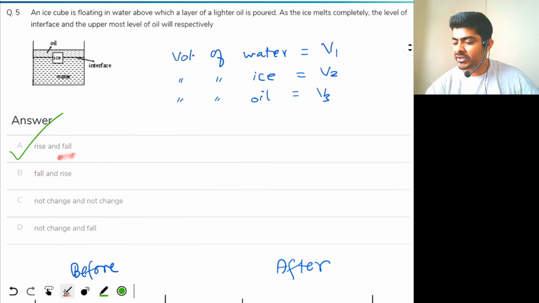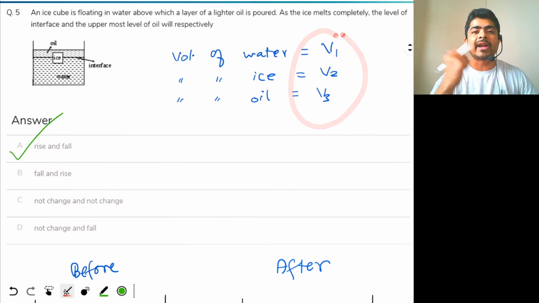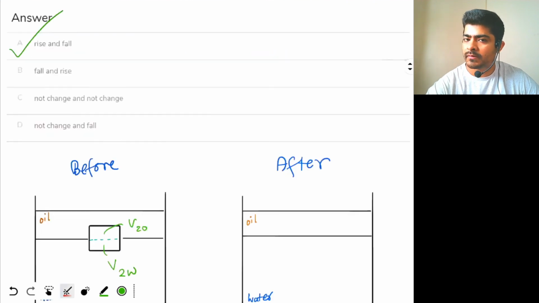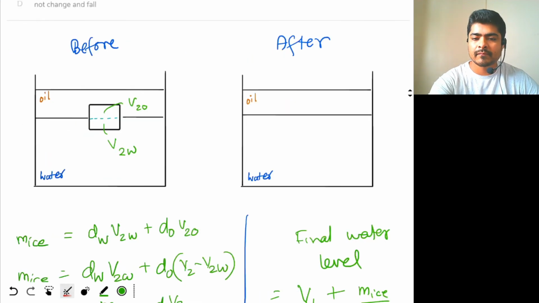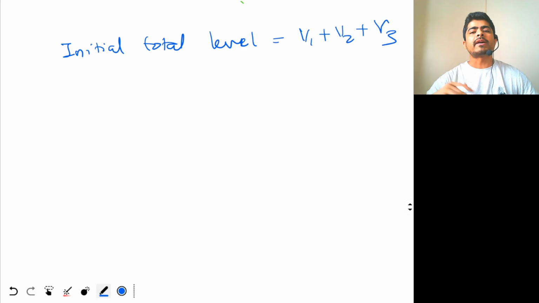For that, pay attention. The initial upper level is V1 plus V2 plus V3, and we need to check the final upper level. So let's write that down. The initial total level will be V1 plus V2 plus V3, the total volume of ice, oil and water, correct?